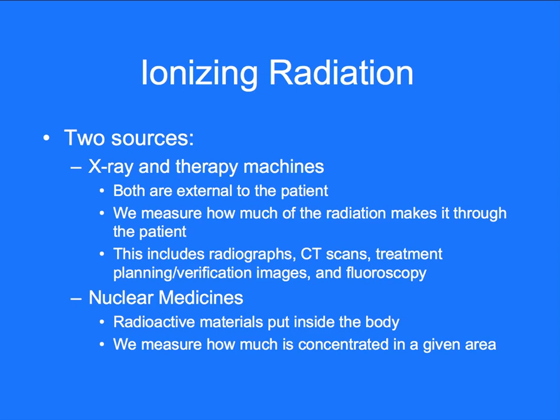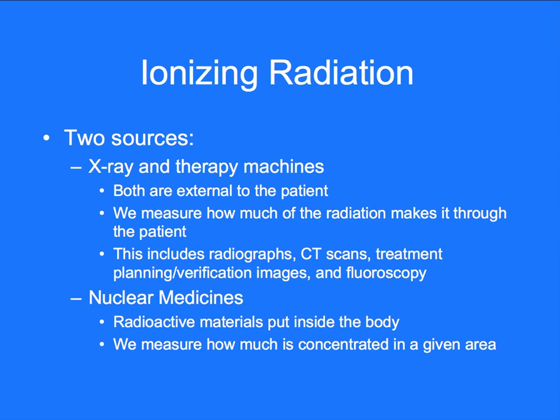The reason I add therapy machines is because in recent years, therapy machines have gotten quite sophisticated. They add in such things as digital imaging plates and CT rotational scan capabilities on actual therapy machines so that you can do day-to-day image-guided therapy.